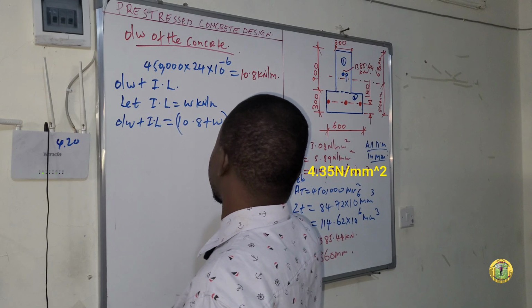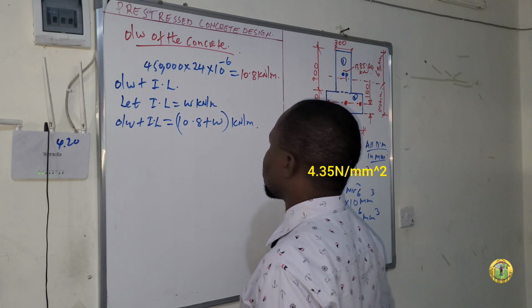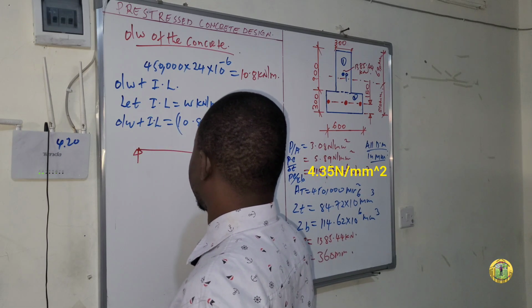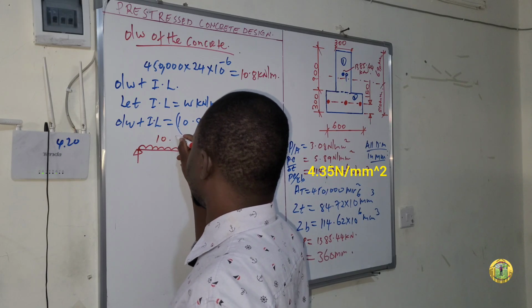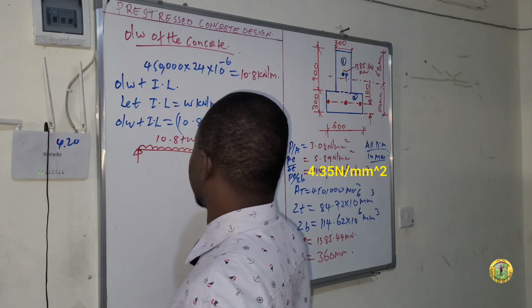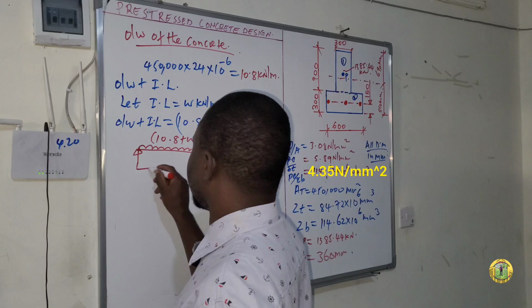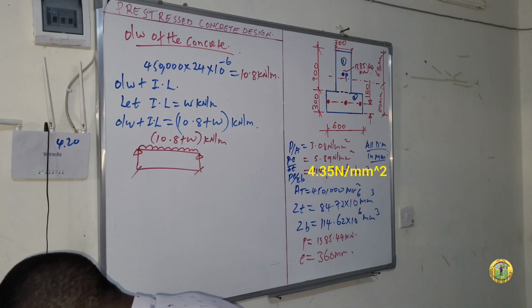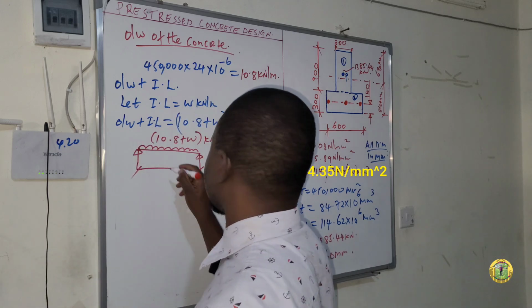So if we draw the section of this beam, the loading is 10.8 plus W kilonewton per meter. And remember, the length of this beam is, let me check it for you, 16 meters.